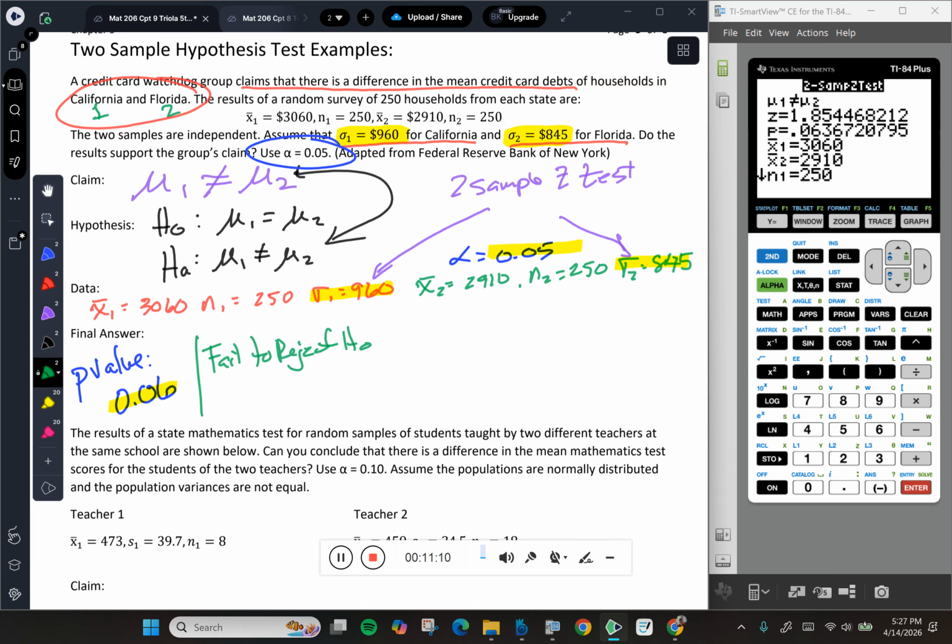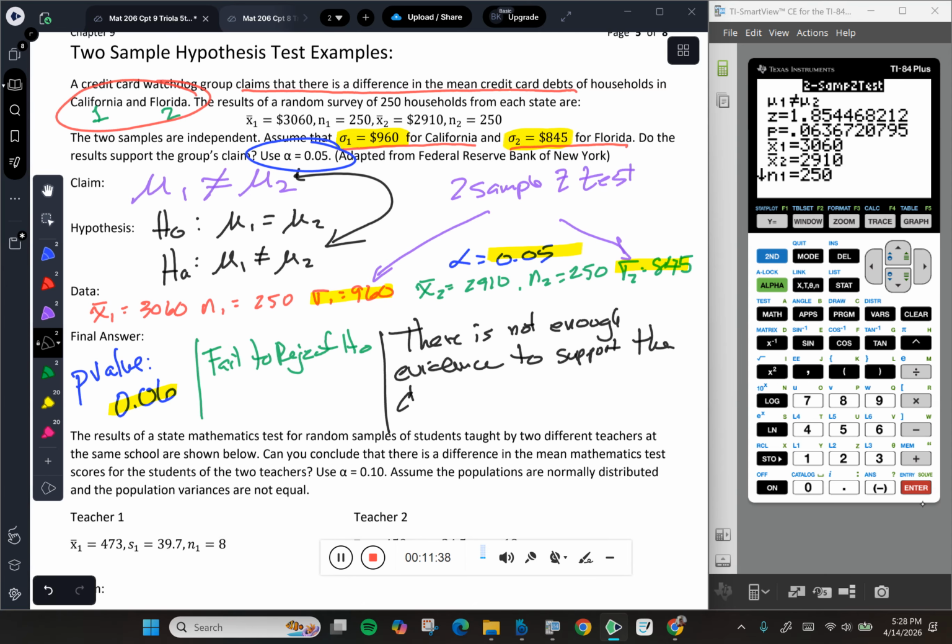Since we are failing to reject the null hypothesis, and our claim was the alternate, then we say that there is not enough evidence to support the claim that, what was the claim?